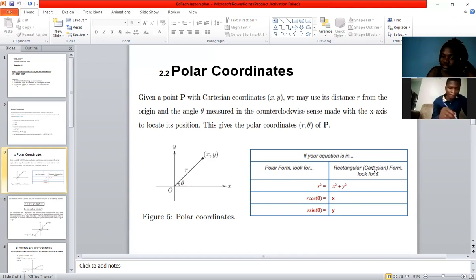But if it is in the Cartesian form and you're asked to go back to the polar form, of course, x squared plus y squared is going to equal r squared. And the point, the Cartesian form will be x, but in the polar form it will be r cos theta, and y will be r sin theta. Have you understood it?